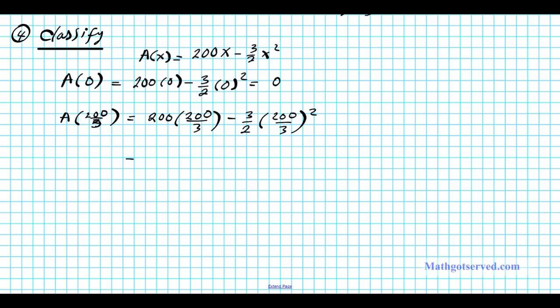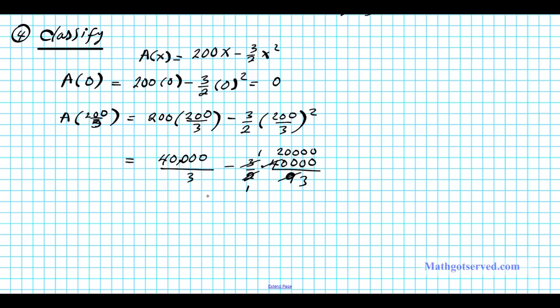Then we have 40,000 over 3 minus 3 over 2 times 40,000 over 9. 3 goes here 1, 3 goes here 3, 2 goes here 1, 2 goes here 2, 20,000.